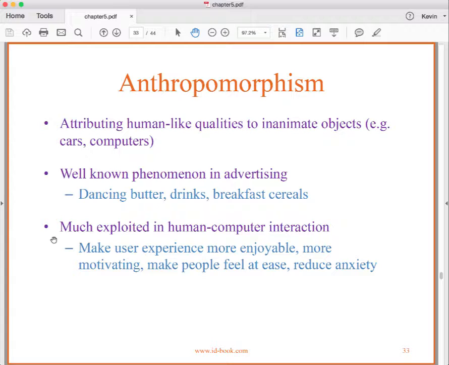So, certainly, and I guess that Clippy was zoomorphic because he was more animal-like. Well, he was an animated paperclip, so maybe he was paperclip-morphic. Who knows?